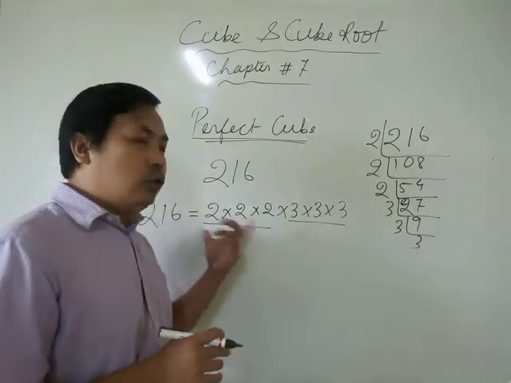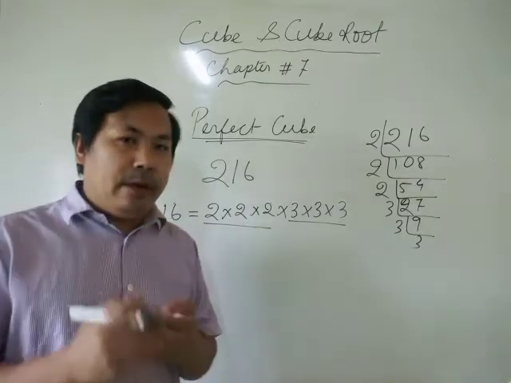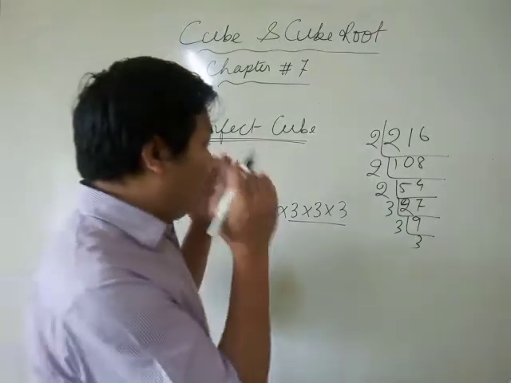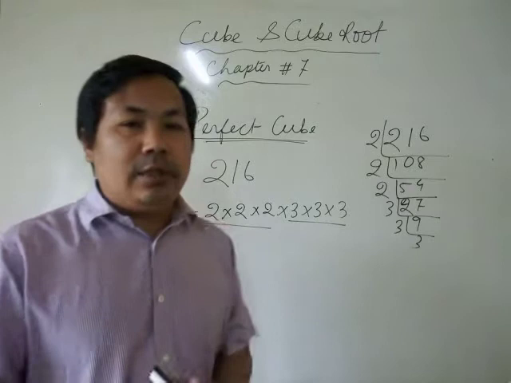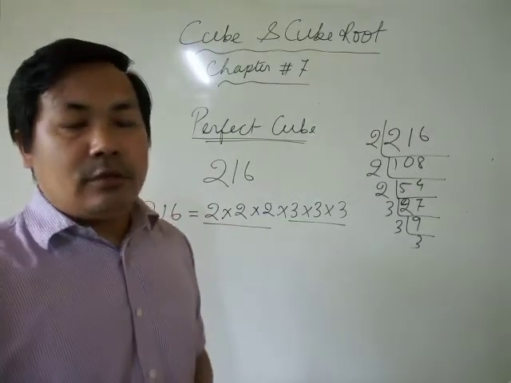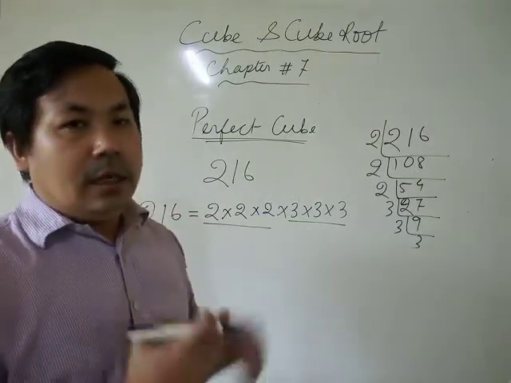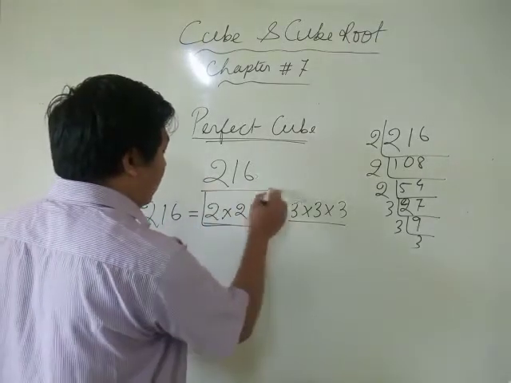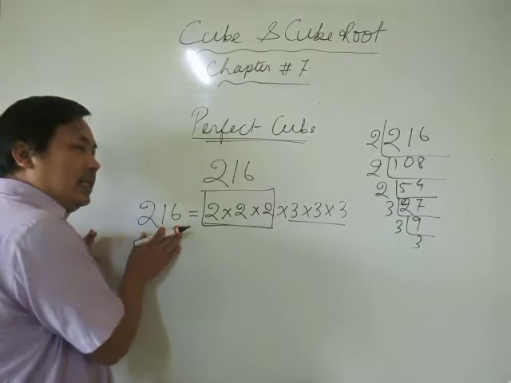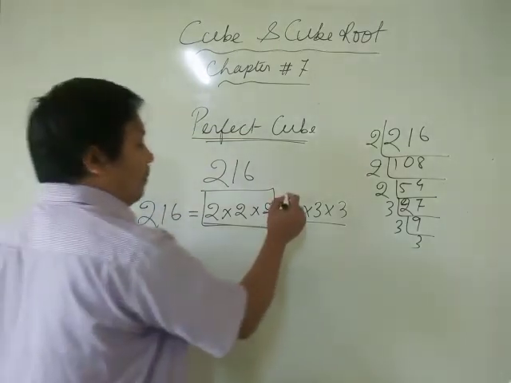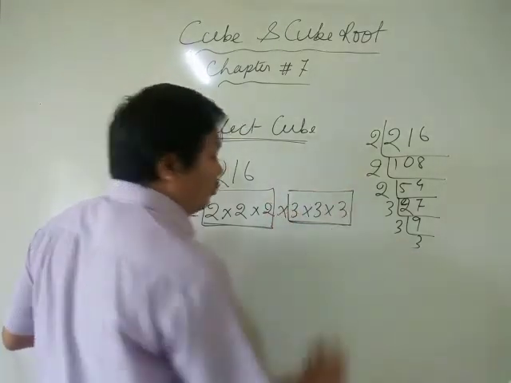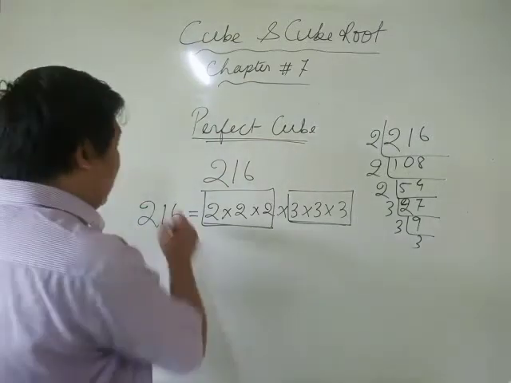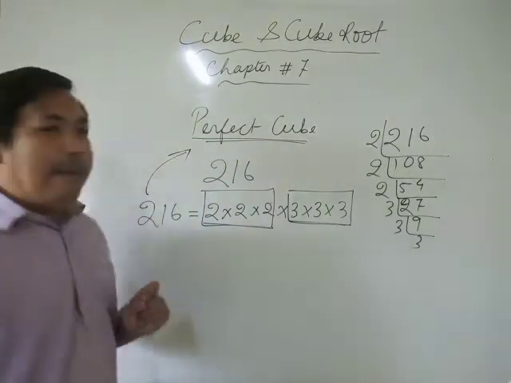The prime factor 2 is appearing 3 times, and the prime factor 3 is also appearing 3 times, and we can pair them as groups of three factors, isn't it? So the number 216, in which its prime factors can be paired as groups of three, is called the perfect cube.